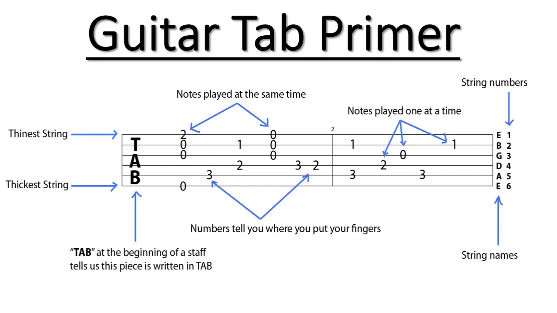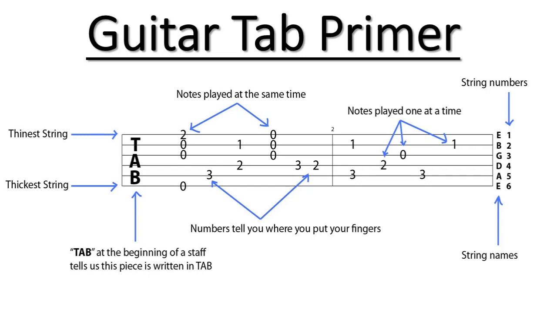It's all about reading different things, and I think this will be very important going forward because a lot of the lessons that I'm going to do will be in guitar tab. I'll try and put some lessons in music notation, but primarily this will be how the lesson content will be set out. So let us take a look at guitar tabs specifically.